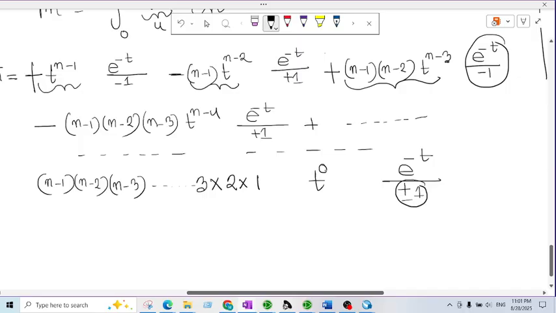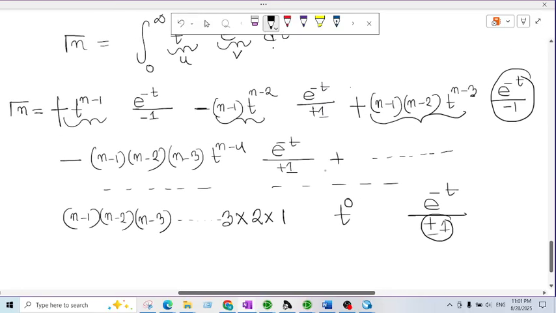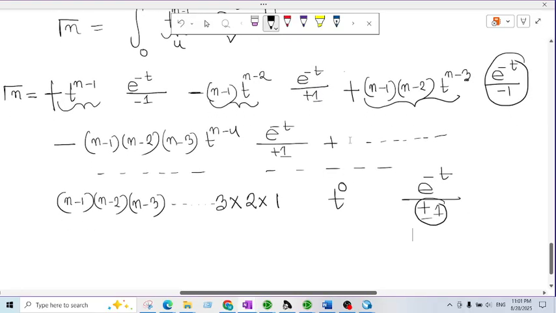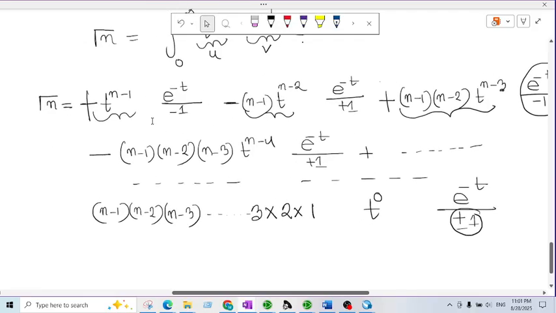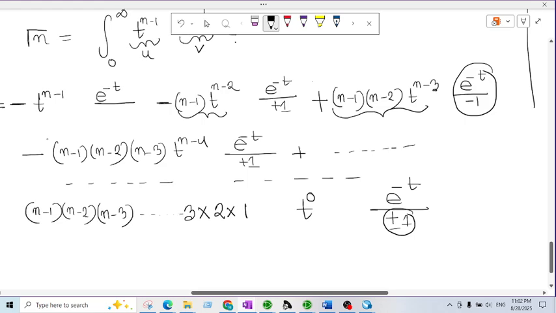Okay, so let's now find the sequence and see what the sign of this will be. Let's examine the first term. You see this term is negative, right? So let's remove this minus 1 and write here minus. Now let's look at the second term. You see this second term is also negative. You have a negative sign at the beginning of the second term.